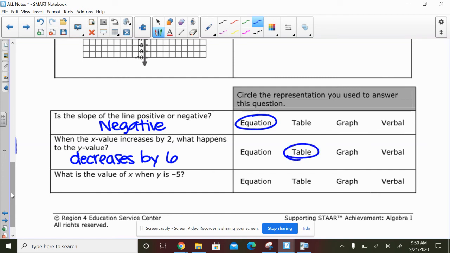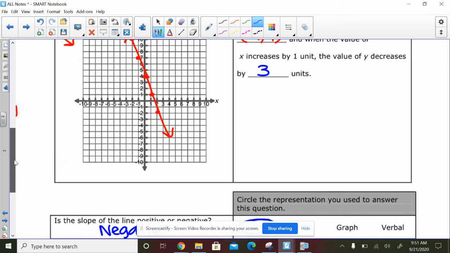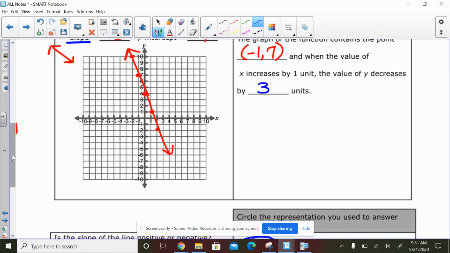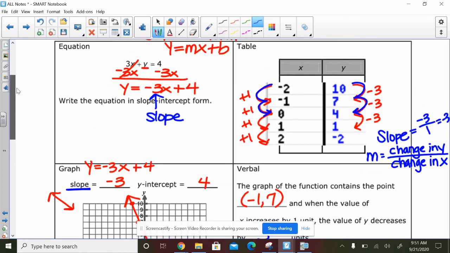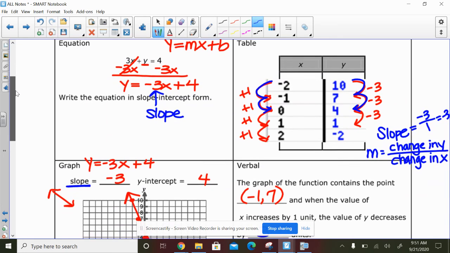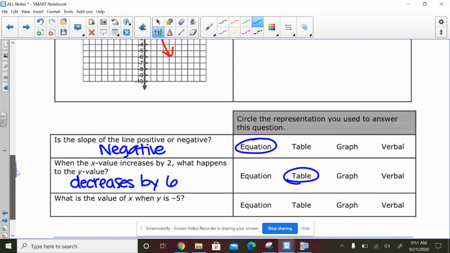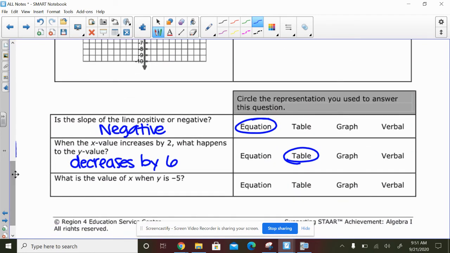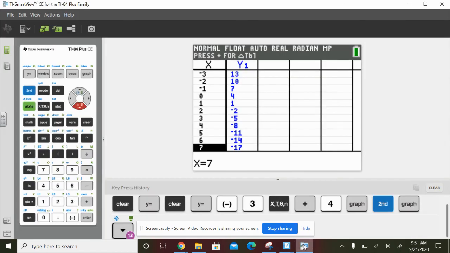And then what is the value of x when y equals negative 5? Okay, so we can do anything here. We can pull the table back up. We can plug in a value for our equation. Okay, it doesn't matter. So we want a y value of negative 5. So I'm going to pull my thing back up.